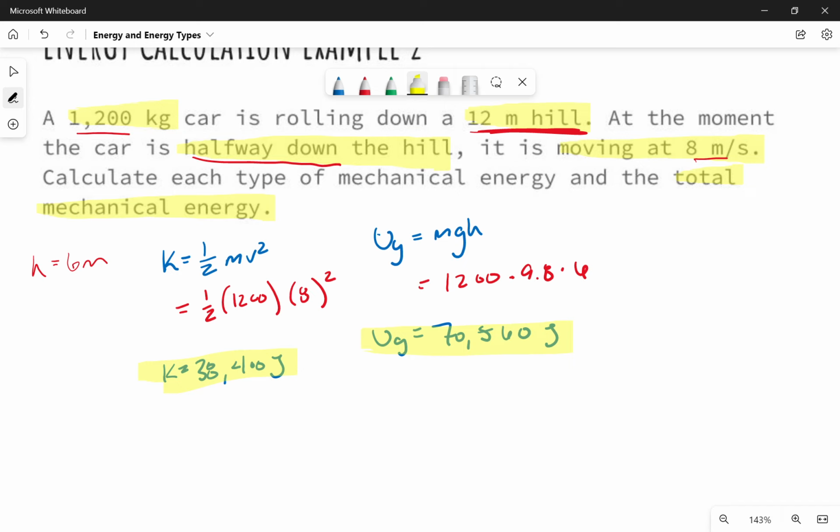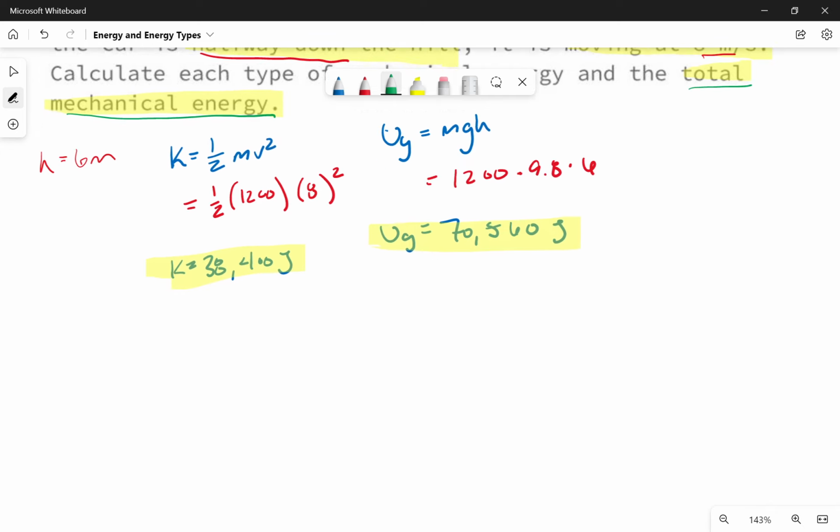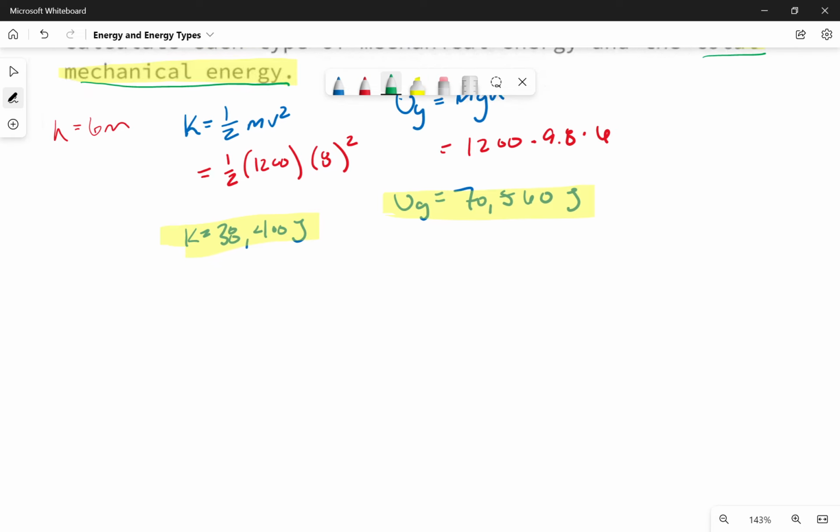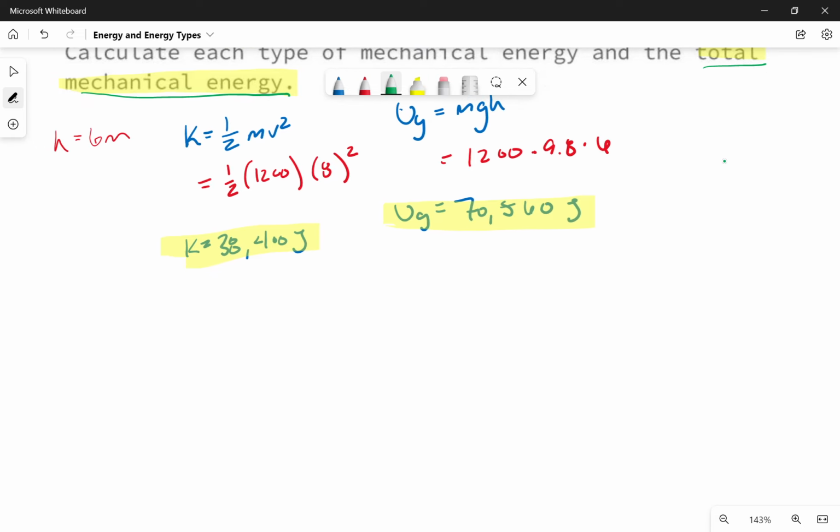Now, the total mechanical energy here, well, that's just adding up all of the mechanical energy. So if I pull this up a little bit, we normally use a sigma for the total. So the total mechanical energy, it's just the kinetic plus the potential, and it's always going to be kinetic plus potential. If I had spring, I'd include that too, but I don't. And so I'm just adding those together.